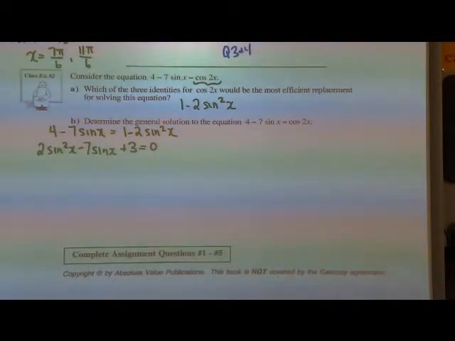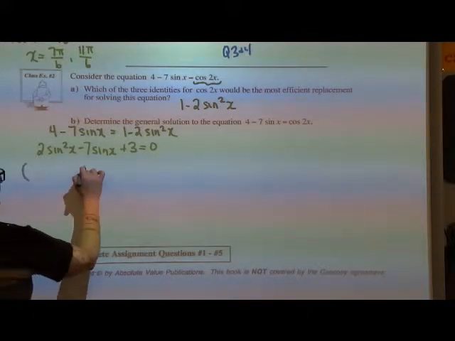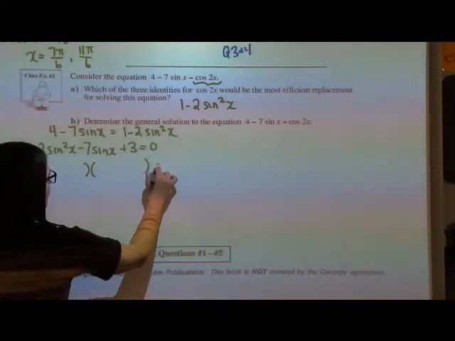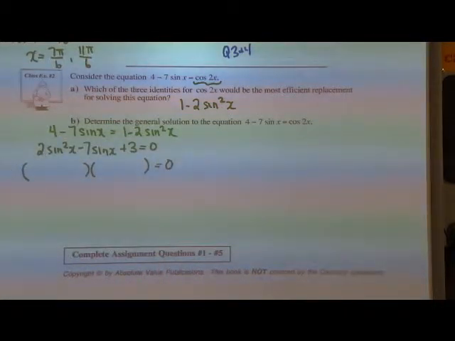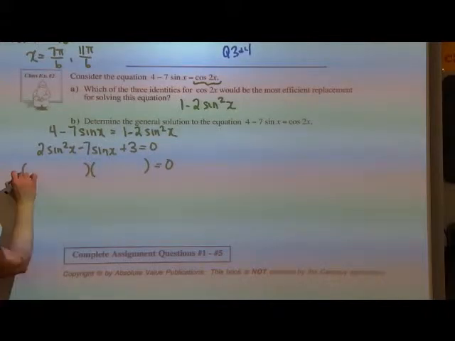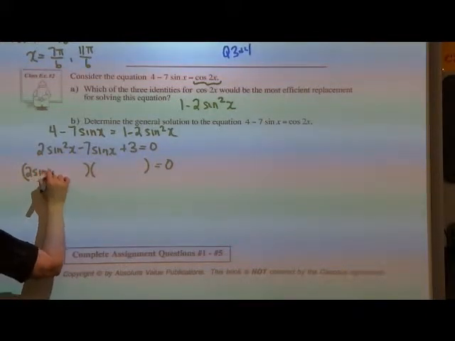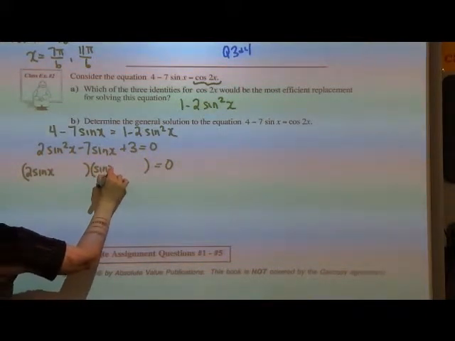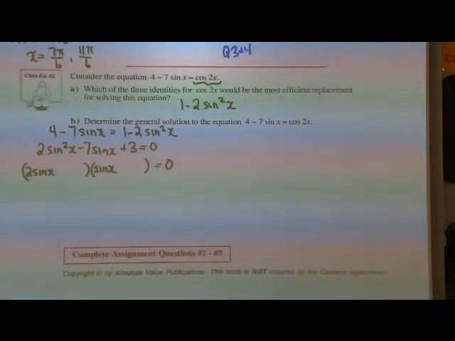Factor it. Okay? How would I factor this? 2 sin x minus 1 times sin x minus 3. So I get 2 sin x and sin x. That's going to give me my 2 sin squared x.